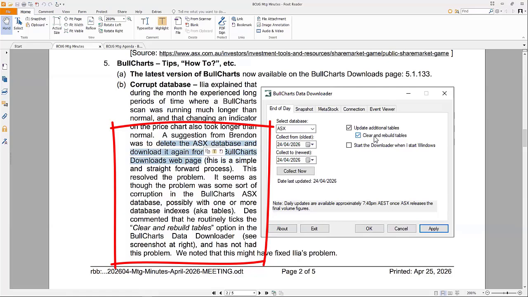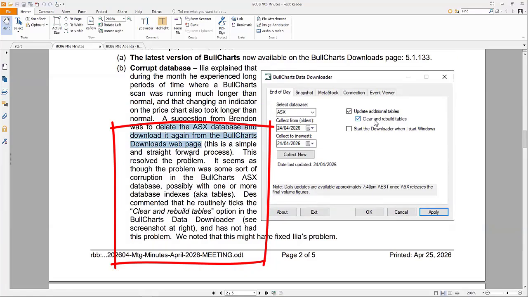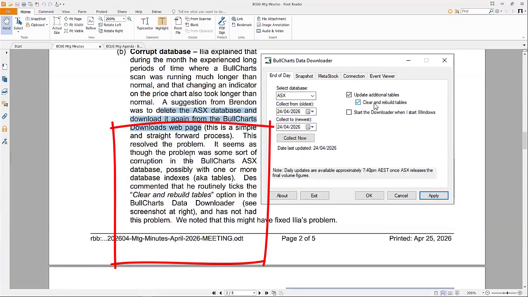Of course, to do that, as most of you know, you need to know your BullCharts data user login, the one that goes into your data access screen. That fixed the problem.